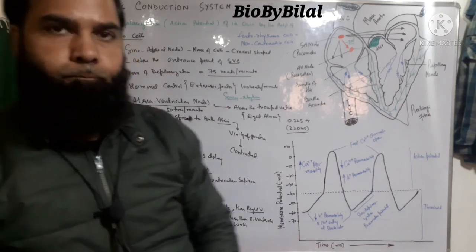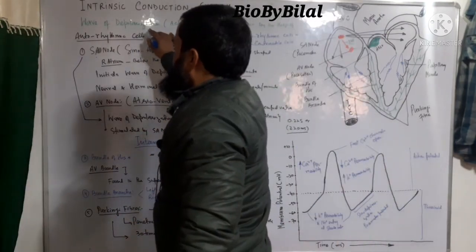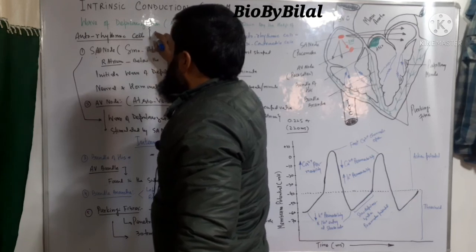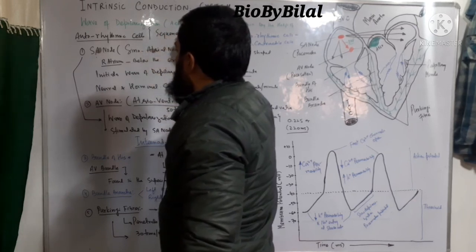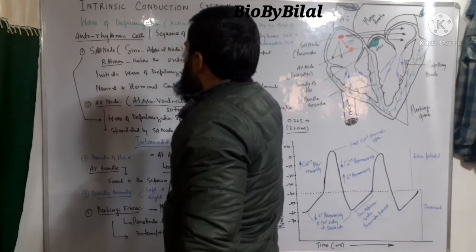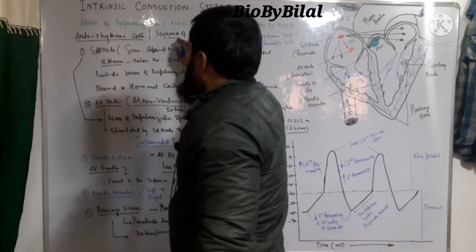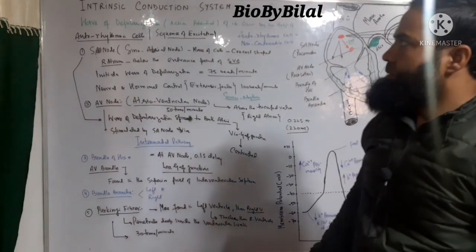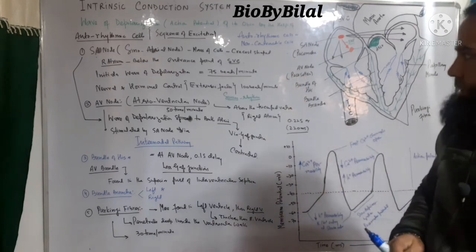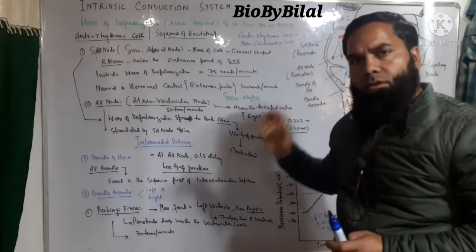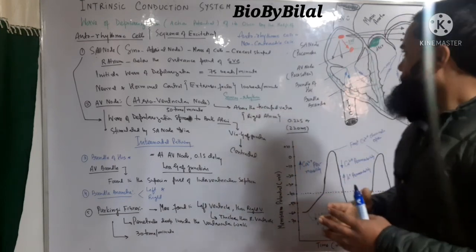So once again, these are autorhythmic cells that show the sequence of excitation. If these autorhythmic cells are absent, or the sequence of excitation doesn't take place, or if they are found but there is deformity in their action, what happens?